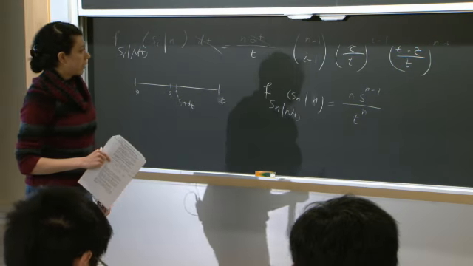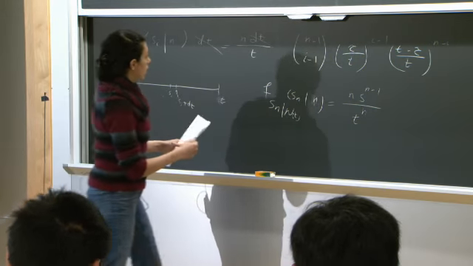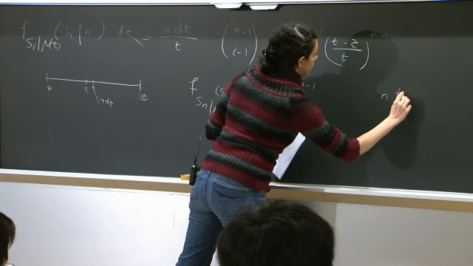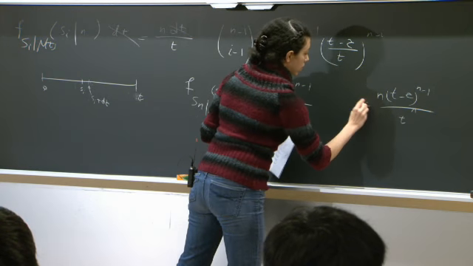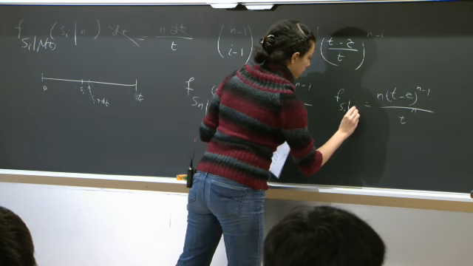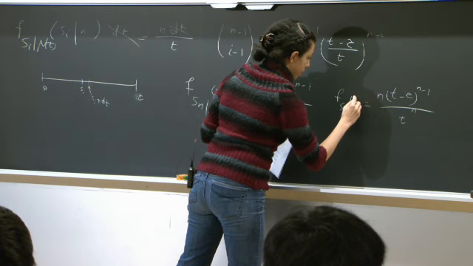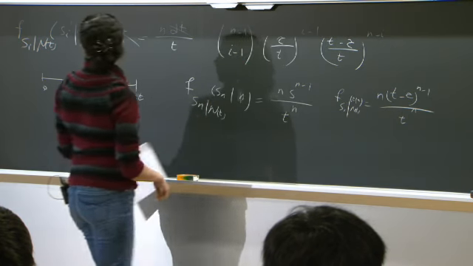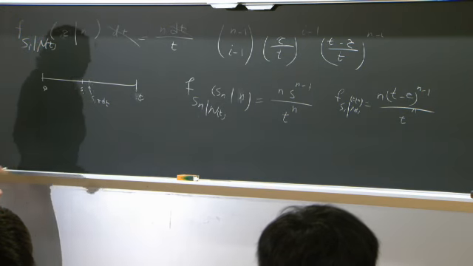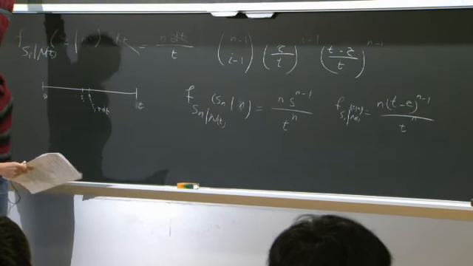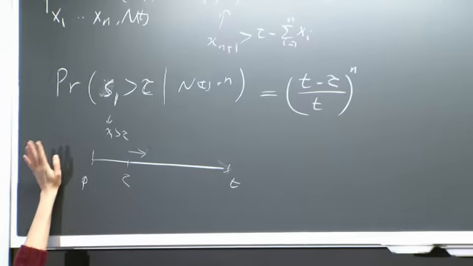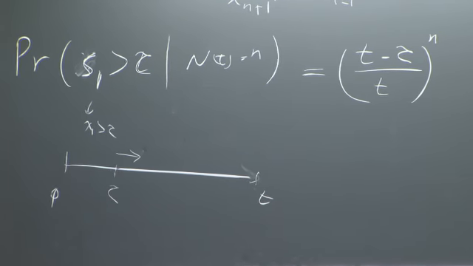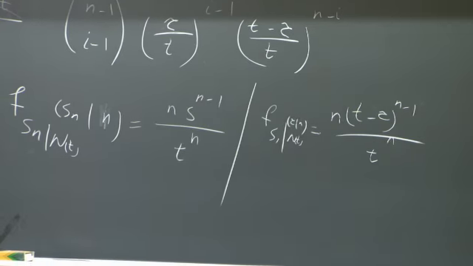So yes, I equal to 1, we will have n t minus tau, and if you look at this thing, this is the complementary distribution function. You just take the derivative, you get that one. Right? This is just a check of this formulation.